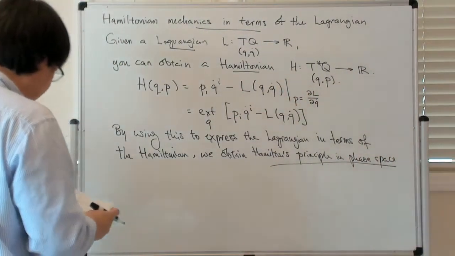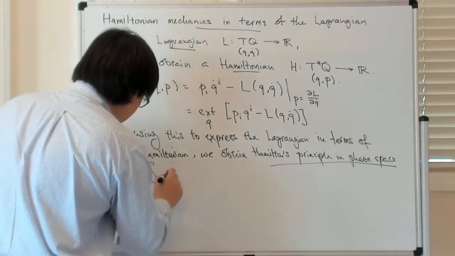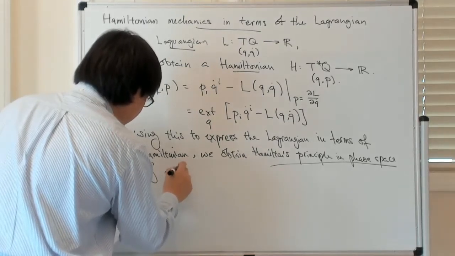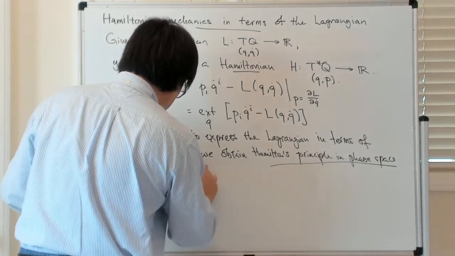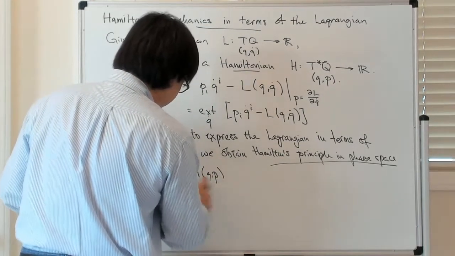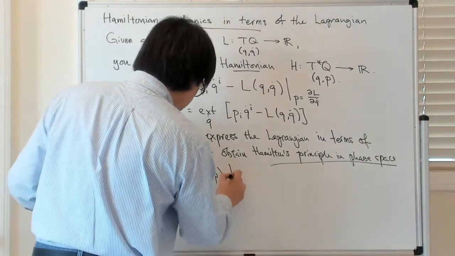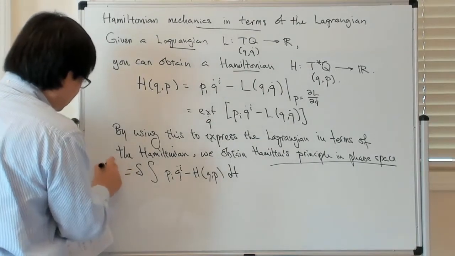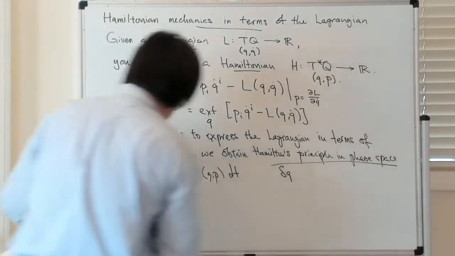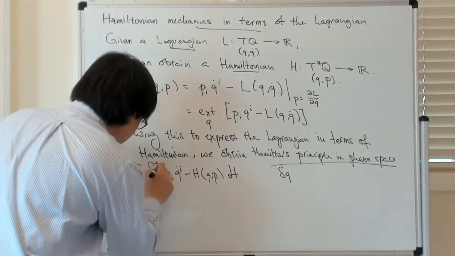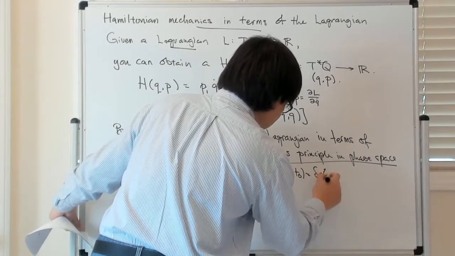Okay, and it says that the variation of the action integral of p_i q dot^i minus H(q, p) dt is equal to 0. Of course, this thing is essentially the Lagrangian, right? Again with the condition that, well, I should specify the end times t0 and t1, the variation of Q at the end times vanishes.